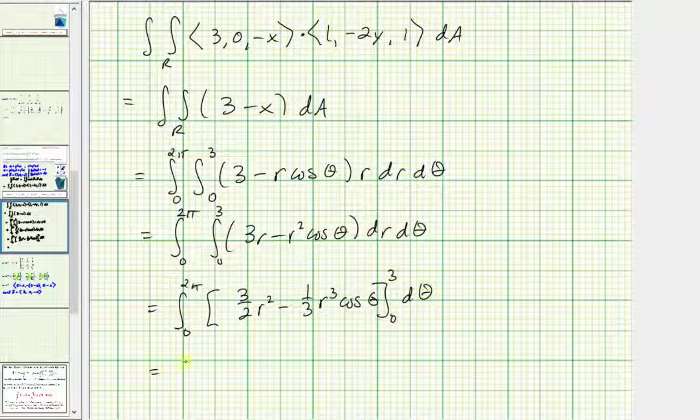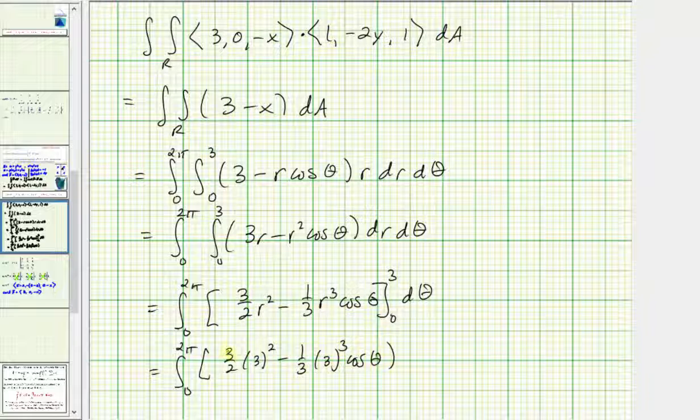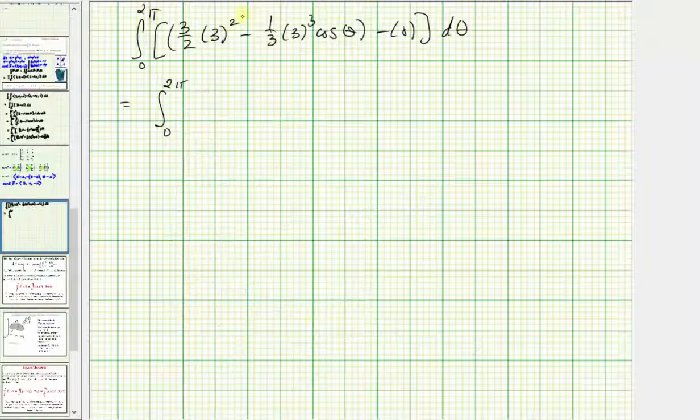Performing substitution for r, when r is 3, we have 3 halves times 3 to the second minus 1/3 times 3 to the third cosine theta. And when r is 0, both terms are 0. Continuing on the next slide, here we'll have 27 halves minus, this is going to be 9 cosine theta.